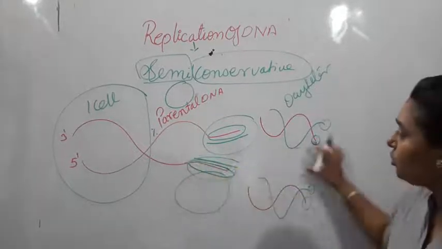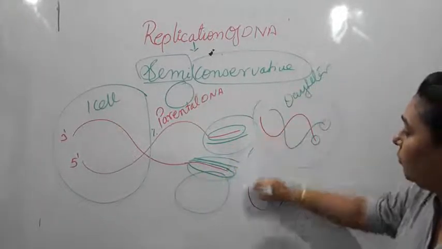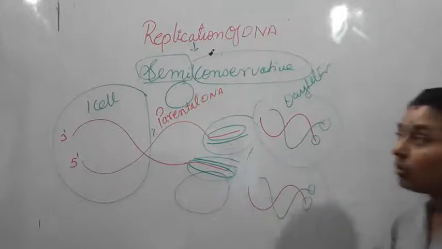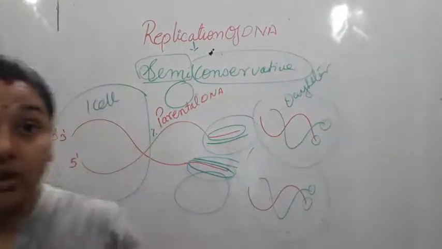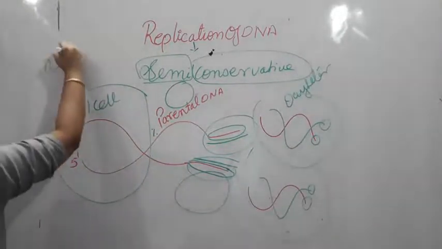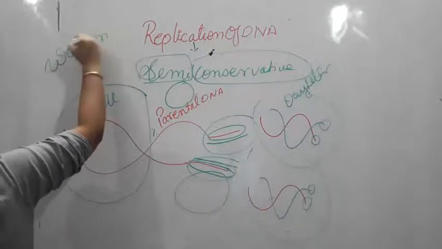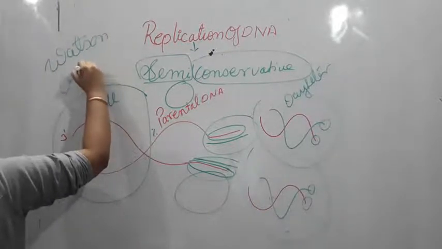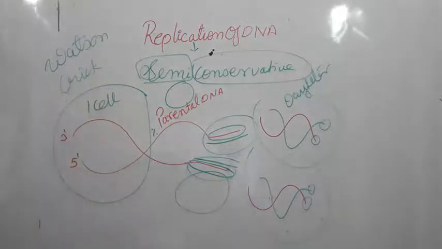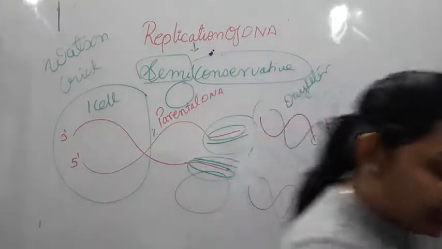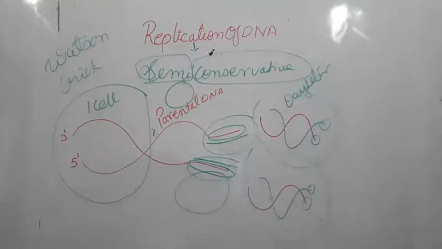Now one cell to two cells are made over here. Okay, so this was shown by Watson and Crick. So two scientists were there named Watson and Crick. They did this experiment to prove replication of DNA. Alright, so hope this is clear to you. Next we will see the second form of it.